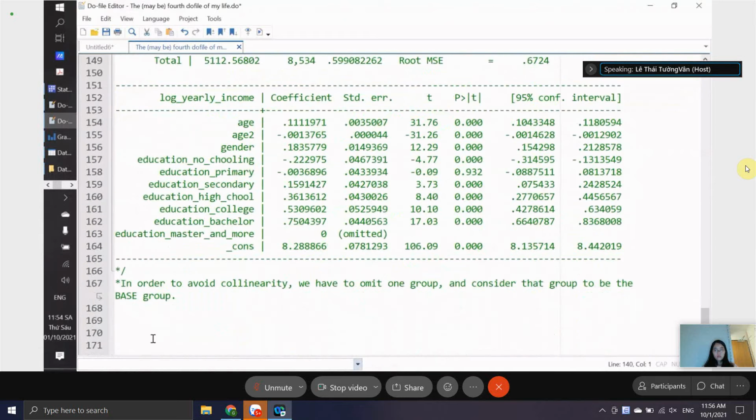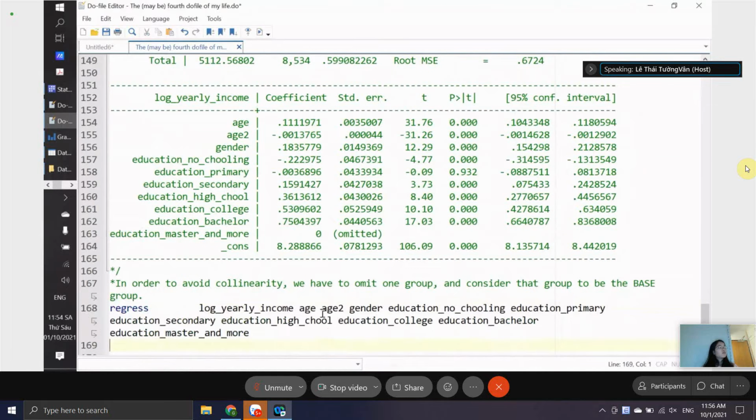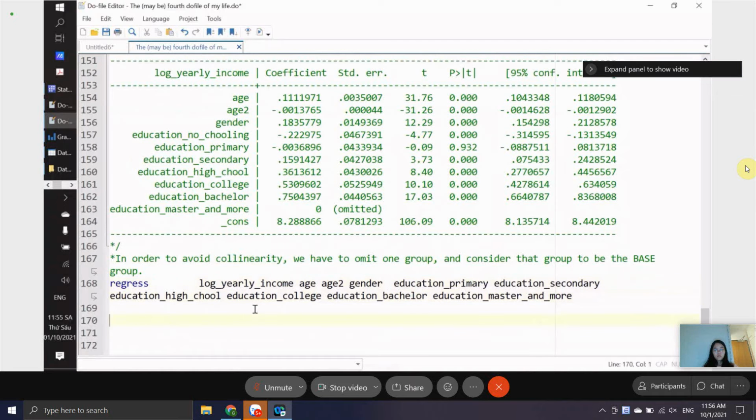Let me explain. If I run this regression and I intentionally leave out one group, by removing the dummy of that group, the group having no education is now the base group.